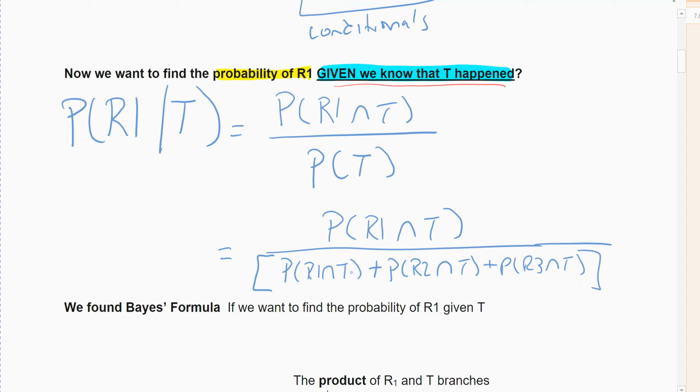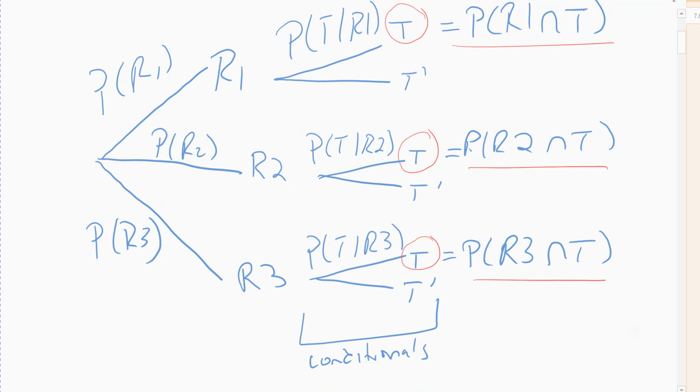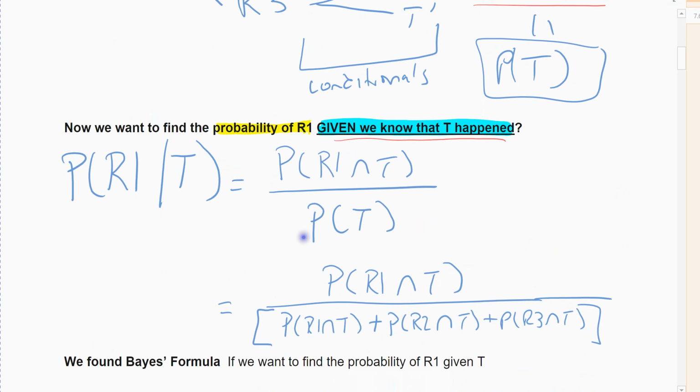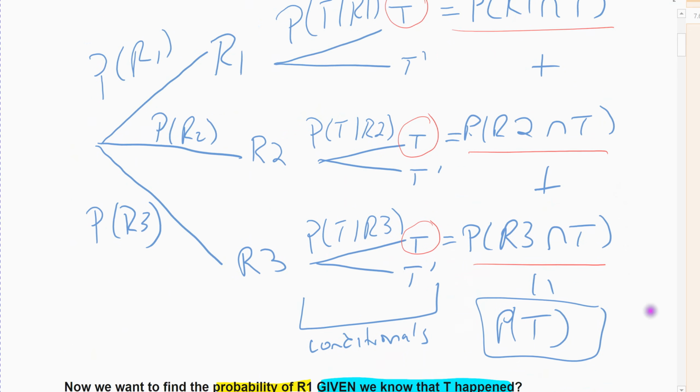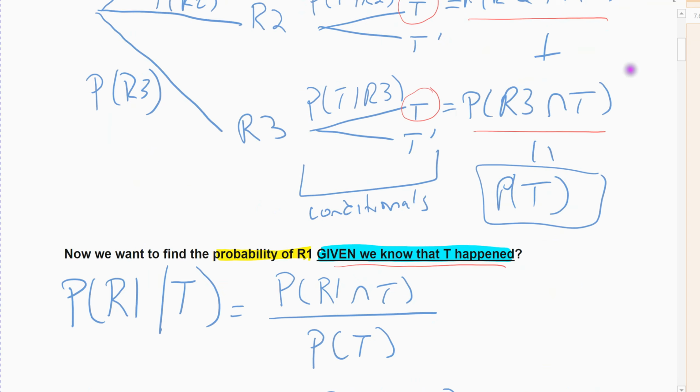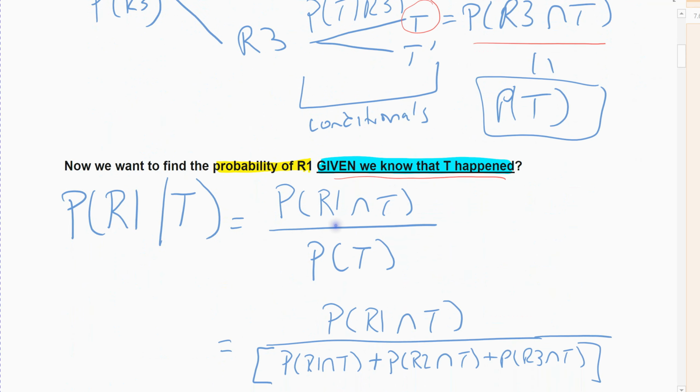That's if we have the formula all written out. Now, like I said, when we usually do the problem, it's easier just to find this. I just go and add up these three outcomes, and those are the ways T will occur. If I take all of those three probabilities and add them up, that's the probability T will happen, and that goes down here. Then up top is the one outcome we're looking for, so that number goes up top.